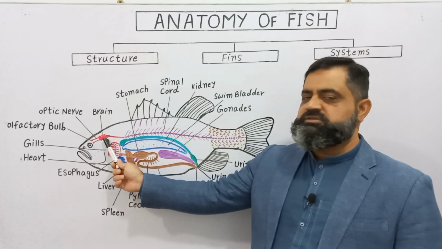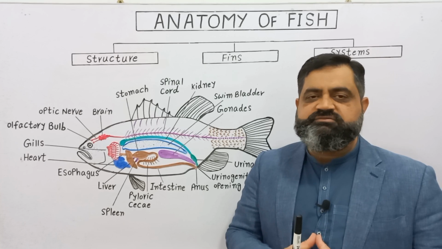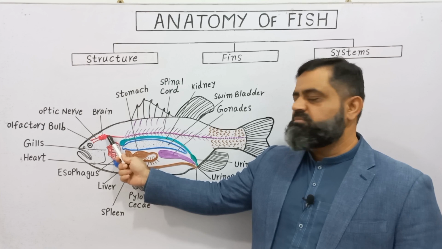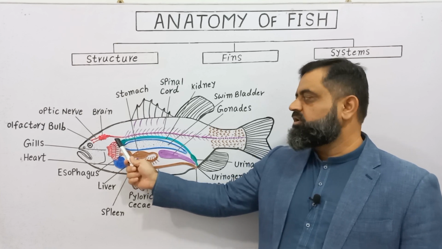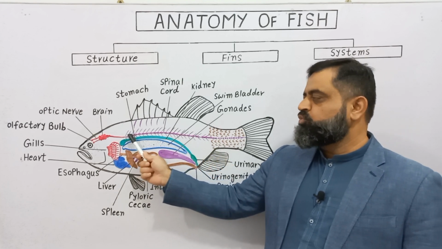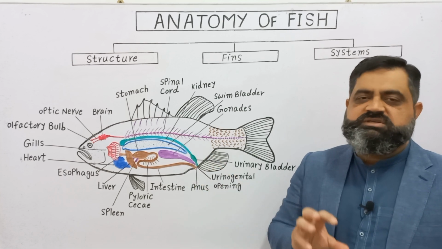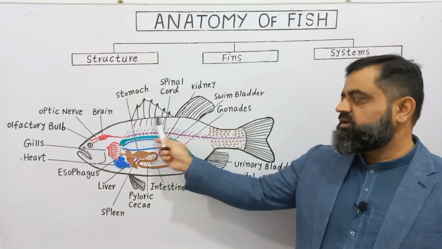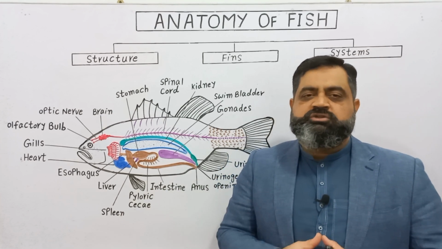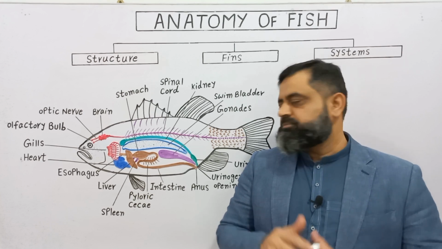The brain has different parts which control different body regions through cranial nerves, and there is a cord which runs from the stem of the brain, known as the spinal cord, which runs alongside the body through the vertebral column. From this spinal cord arise spinal nerves which innervate different body organs, and all the systems in the body are coordinated in a well-organized fashion.